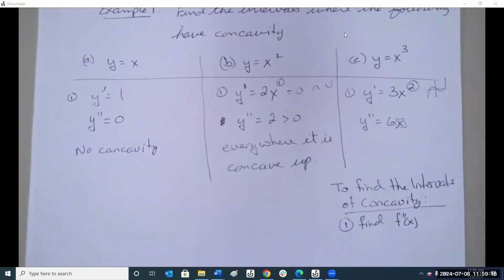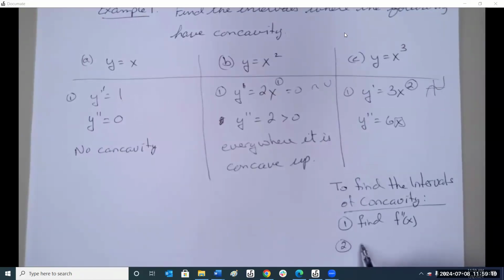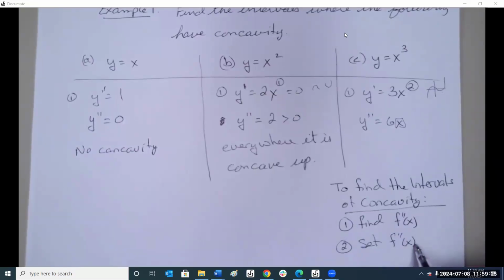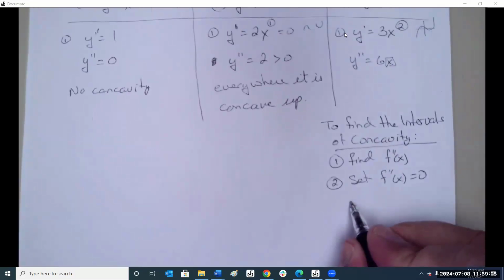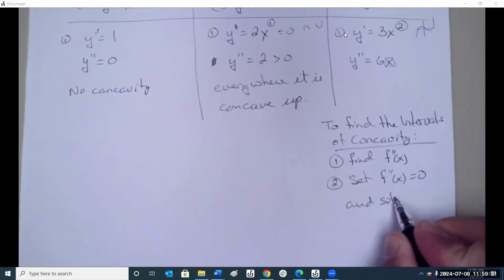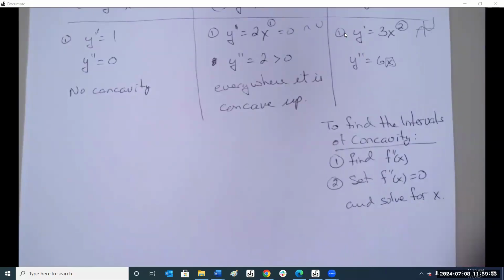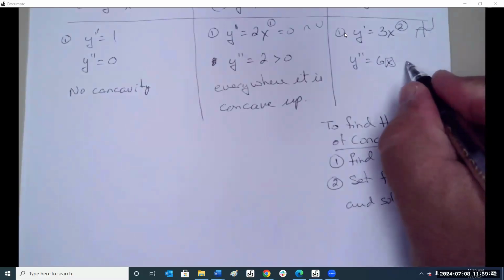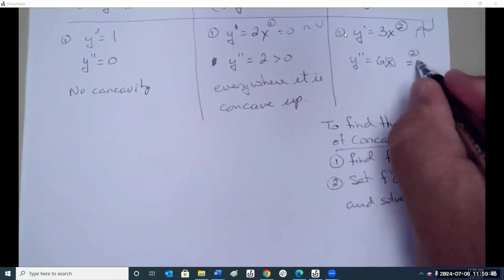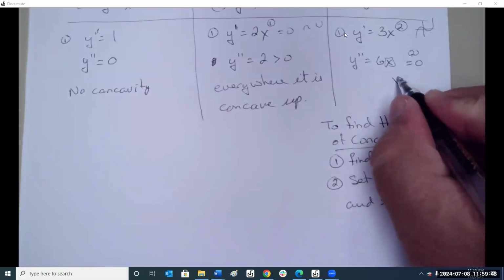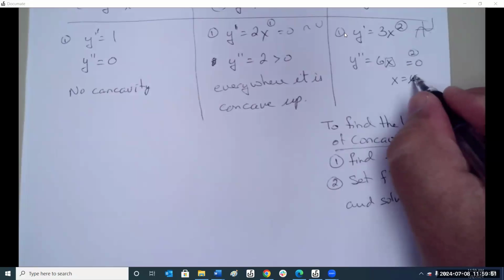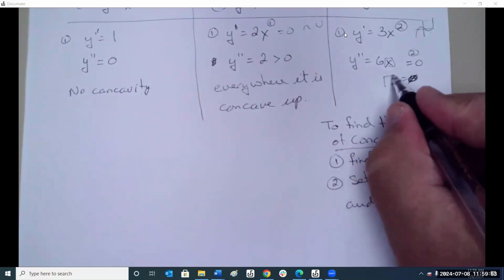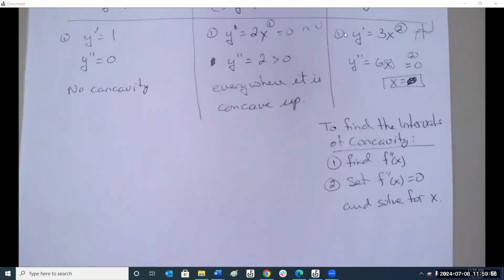What do we do? Set the second derivative equal to 0 and solve for x. So this is step 2. Set that equal to 0. x equals 0.